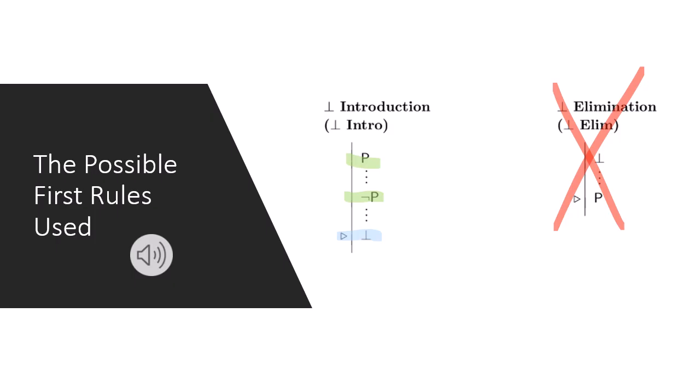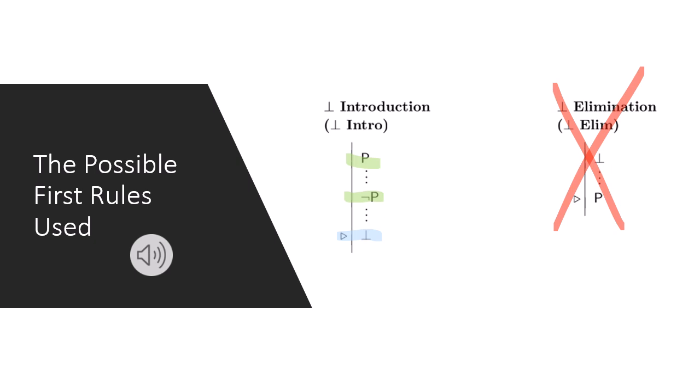Now, if both P and the negation of P are true, then those set of assumptions are inconsistent. And when you have inconsistent assumptions that can never be true at the same time, anything is a valid conclusion, including the contradiction symbol. So in this case, this would be a tautological consequence of the assumptions in force at that particular line.